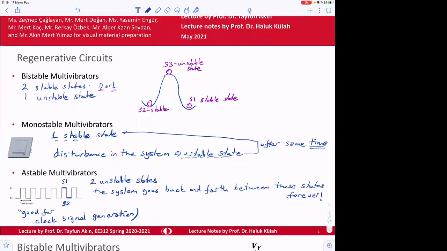Okay, so these are the conceptual explanations of different regenerative circuits, and how we can obtain them is going to be another issue, circuit wise.